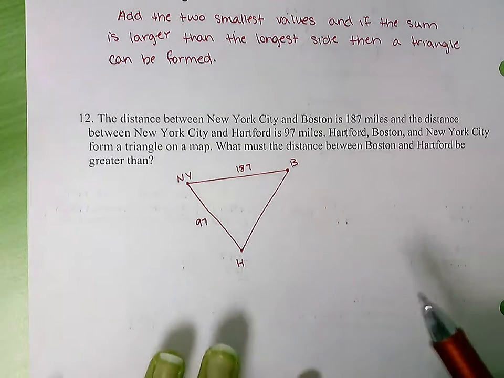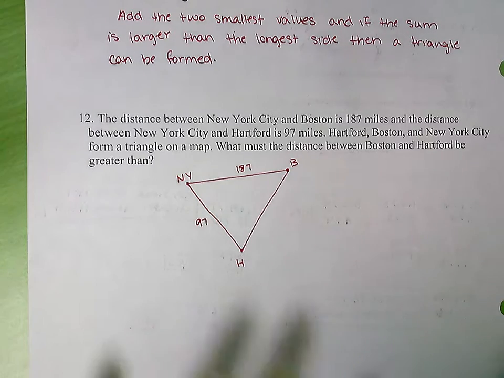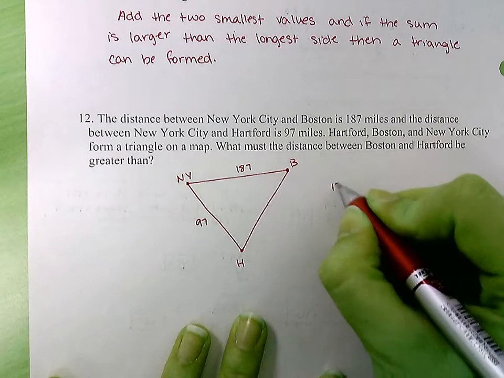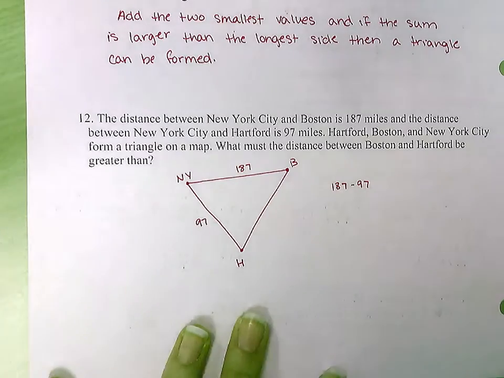Okay, so that's what we were doing in 7 to 10. But we don't need to see what it has to be less than. We just need to find what it has to be greater than. So to do that, I'm going to take my longest side, subtract my other side.